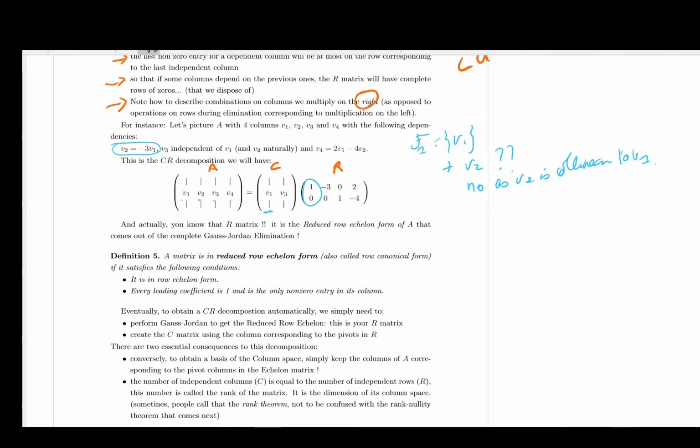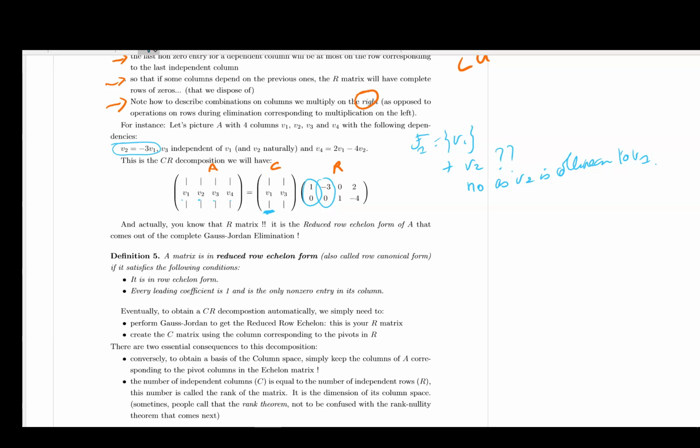That one tells you we kept the V1, so I'm reproducing the identity corresponding column. Next, I'm not keeping V2, but because V2 has this linear dependency with respect to V1, it's negative 3 times V1.